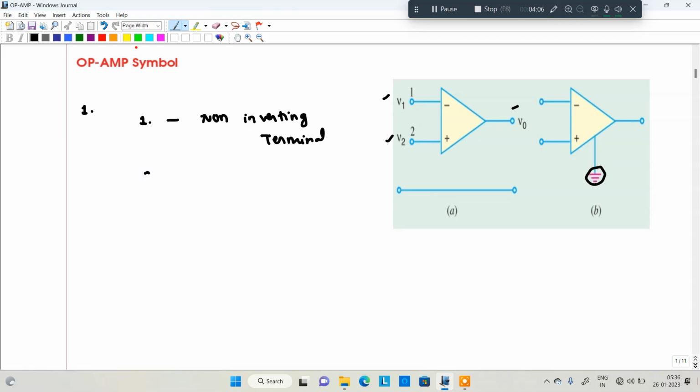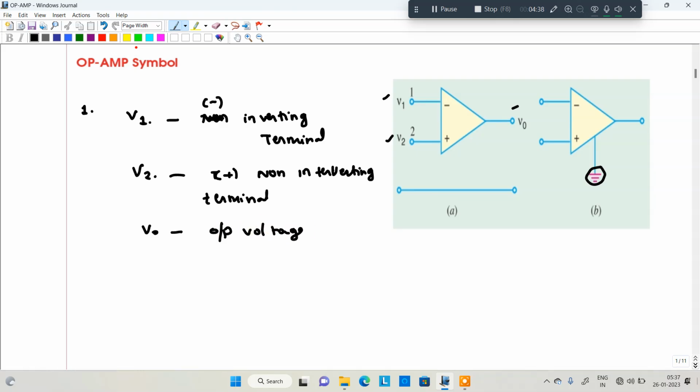Next, these are called V1 and V2. After that, V0 is the output voltage. The grounds here are nothing but the biasing voltages in this case.